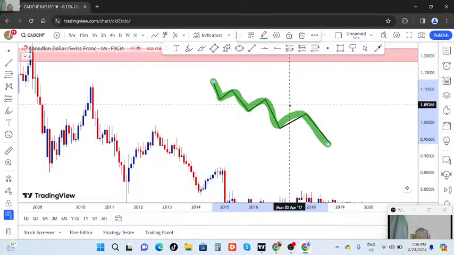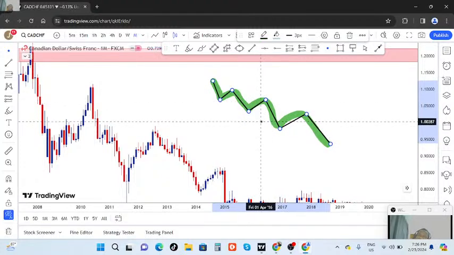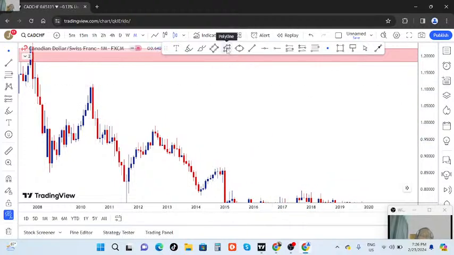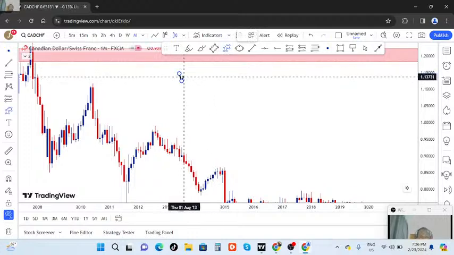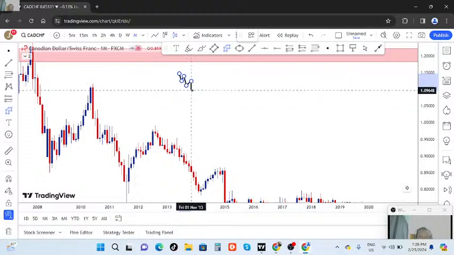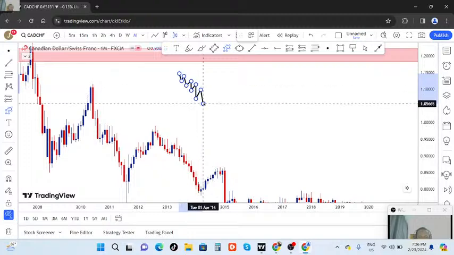What I'm going to do here right now is to help us identify better how it all starts. The market starts by making lower lows and keeps going down on and on.